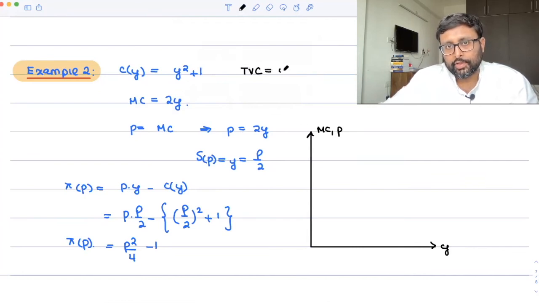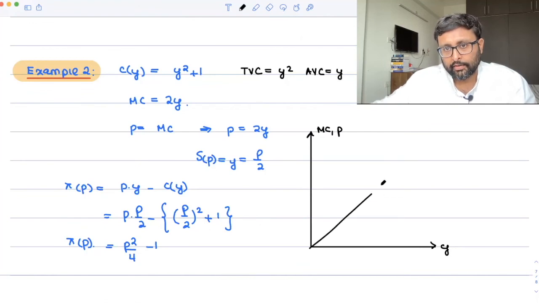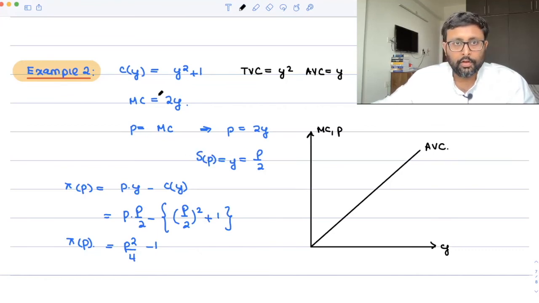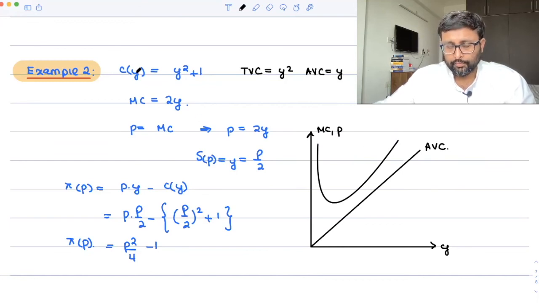Beta, TVC is just y square. So AVC is just y. So this is just a 45-degree line. This is what my AVC is. So AC is going to look like this. Right, just your parabola.